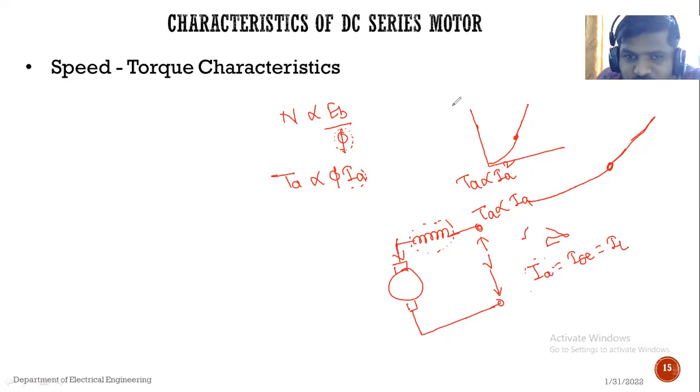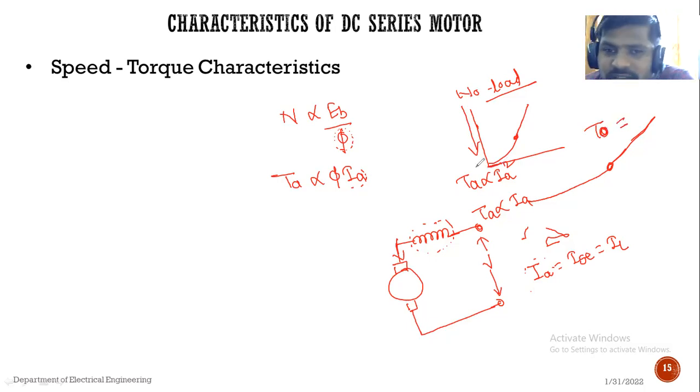What is the meaning of no load? Torque zero, or no torque. Ta is 0, that means the current of the motor is near about 0, nearly equal to 0. So it is minimum.